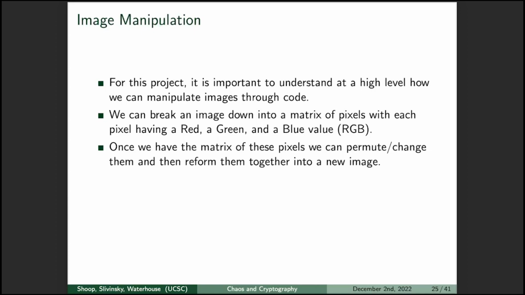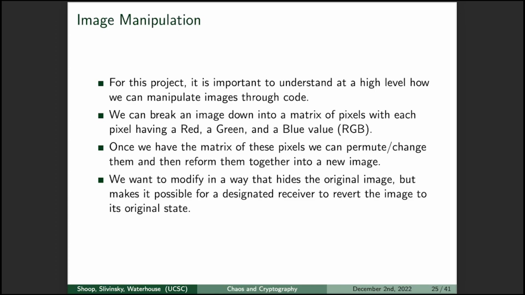For example, we could replace the top row of pixels of an image with the values 255, 0, 0, with 255 representing the red component and the two zeros representing the green and blue components. Then we could reform the image from its RGB values, and we would have the original image, but this time with a red bar on top.